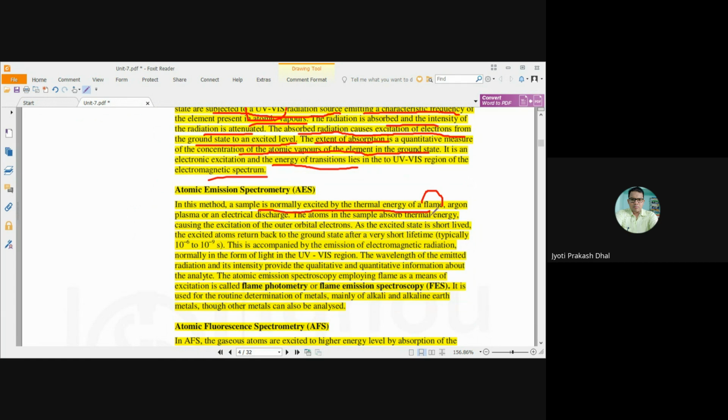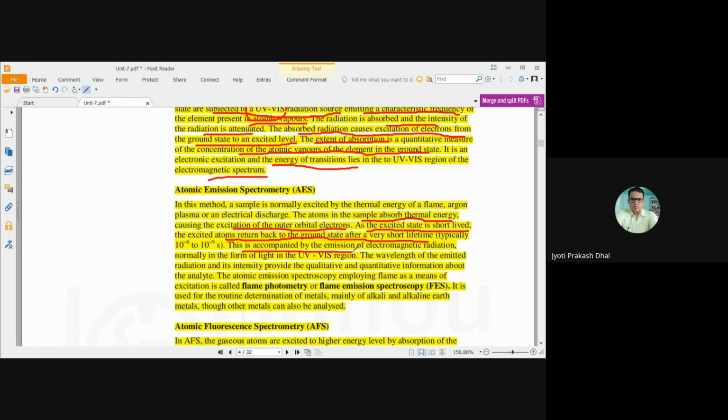Initially the sample will undergo excitation, and the atoms present in the sample absorb the thermal energy, causing excitation of the outer orbital electrons. As the excited state is very short-lived, the excited atoms return back to the ground state after a very short time, typically around 10 to the power minus 6 to 10 to the power minus 9 seconds.